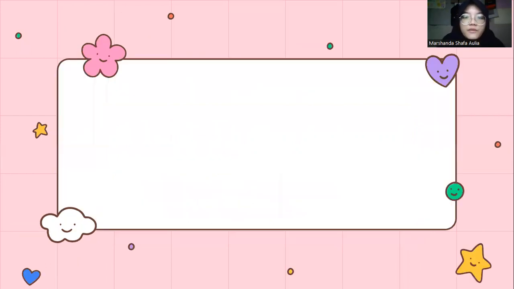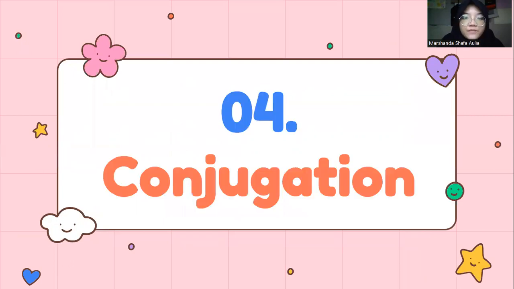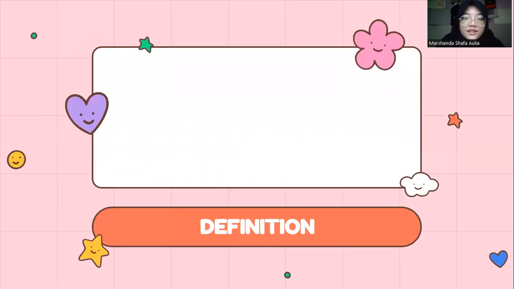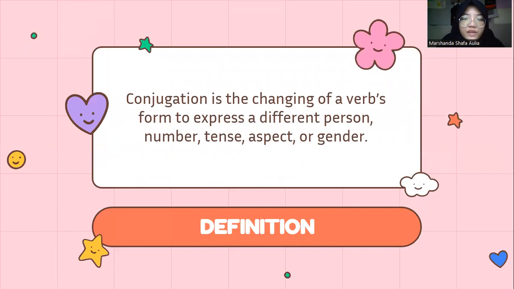We move to the fourth, which is conjugation. The definition is that conjugation is the changing of a verb's form to express a different person, number, tense, aspect, or gender. Basically, conjugation actually doesn't exist in the English language.